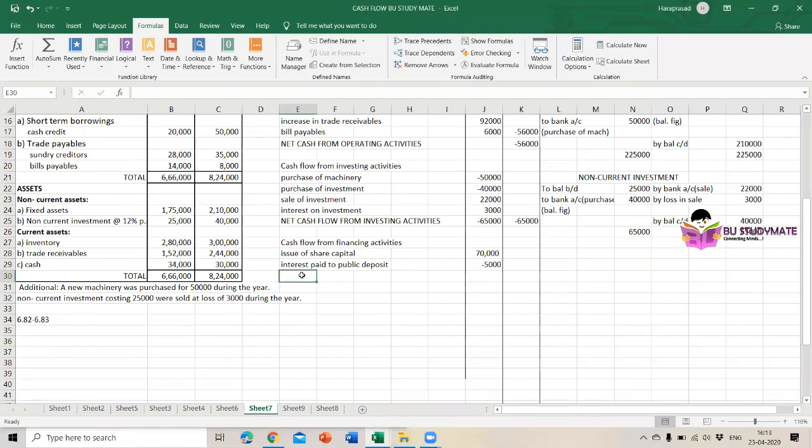Then what all things do we have? In the CC account, the cash credit account, this has also increased by 30,000.